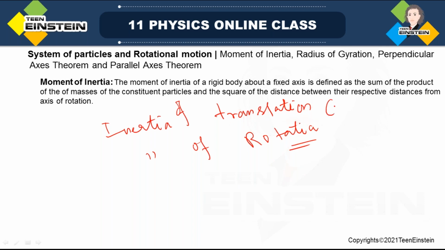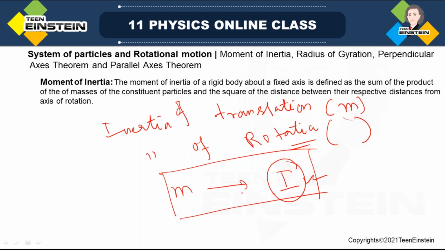In translational motion, the mass is the measure of inertia. And you know what it is in rotation? It is the moment of inertia, denoted by I, which is analogous to mass, the inertia in translational motion. We'll see the mathematical form of it.